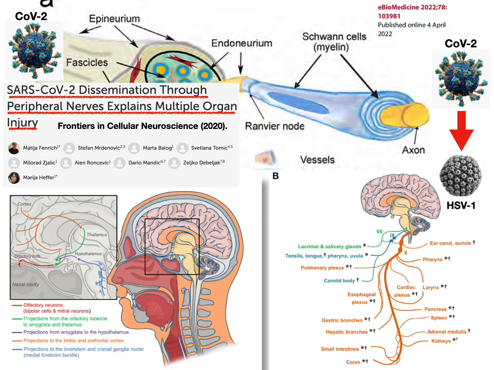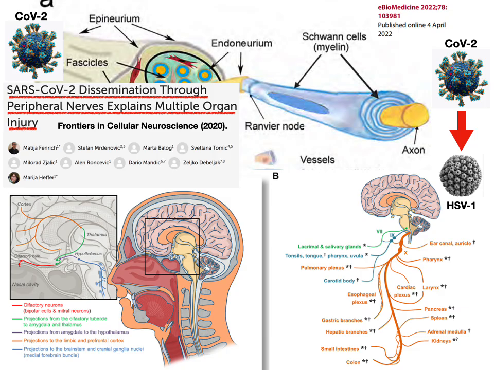And that brings us to this paper, which was published early in the pandemic. SARS-CoV-2 dissemination through peripheral nerves explains multiple organ injury. So, transsynaptic transfer of the coronavirus needs to be considered as a means of propagating the infection from infected peripheral organs, mucosal tissues in particular: nasal epithelium, oral pharyngeal epithelium, the lung epithelium, and the gut epithelium.